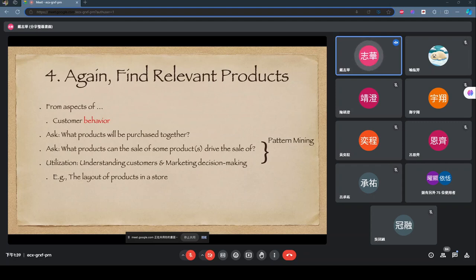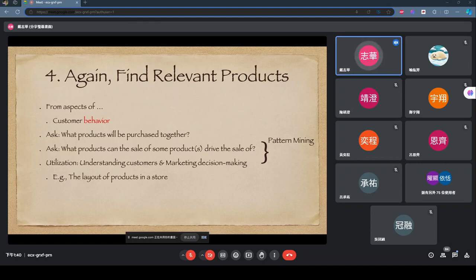And clustering could also be solved by neural approaches nowadays, but maybe not that well. But it also works for some situations. But for pattern mining, to my knowledge, it could only be well solved by data mining techniques.